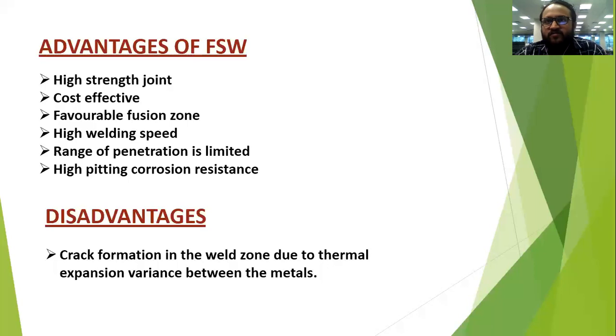In my research, I found one important problem with friction stir welding is crack formation in the weld area. This problem can be overcome by using filler metals, and in my research, I did that, and the outcome was really good.